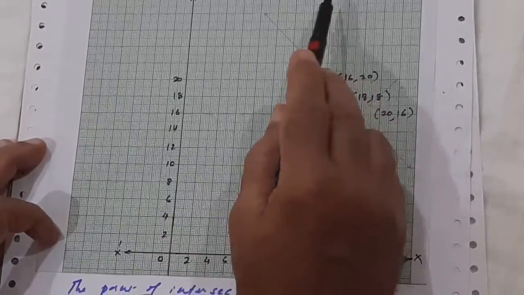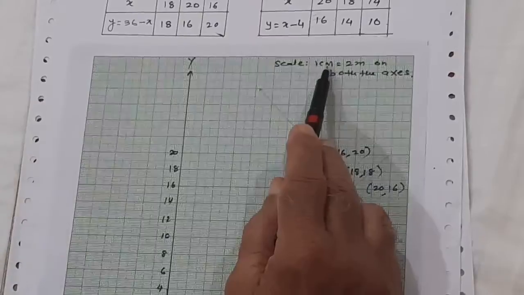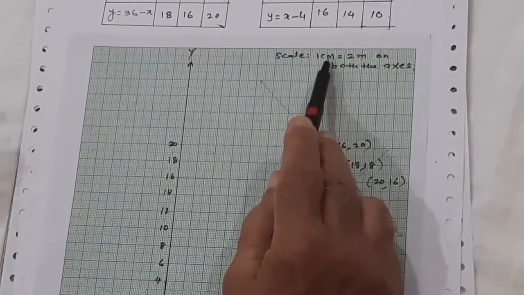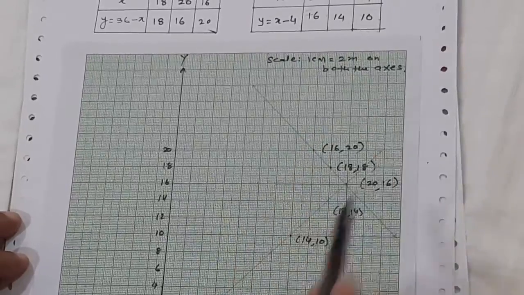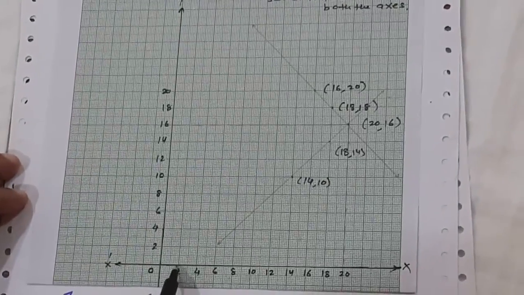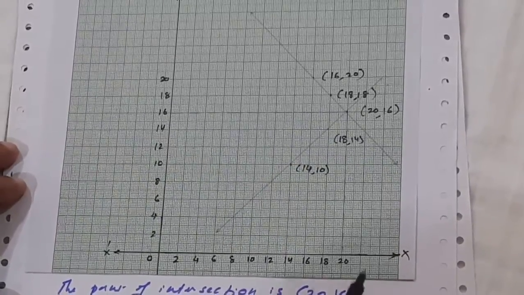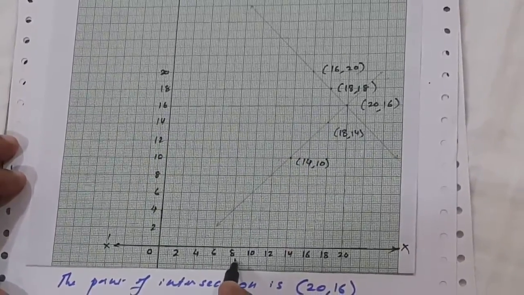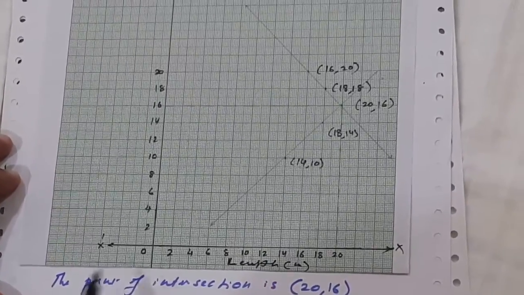I have taken a scale 1 centimeter is equal to 2 meter. Generally we take 1 centimeter is equal to 1. Here 1 centimeter is equal to 2 meter on both the axes. So start with 0. Now here 1 centimeter means 2 meter, 4, 6, 8. So this is length. This is length in meter.